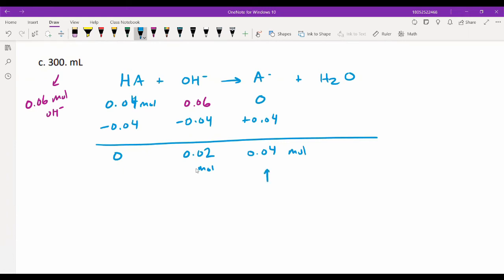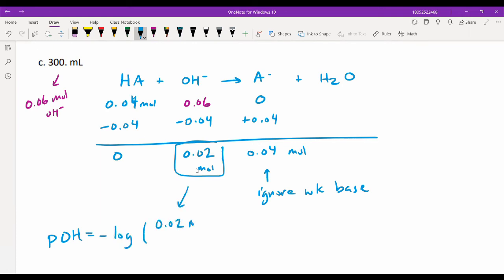So we're going to ignore the weak base and just use the hydroxide moles to find the pOH. This is going to be 0.02 moles. At this point, we've added 300 mL, so that's 0.4 liters total.